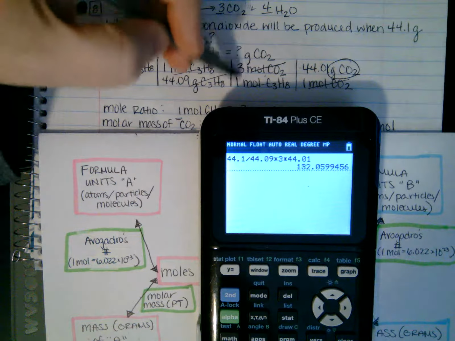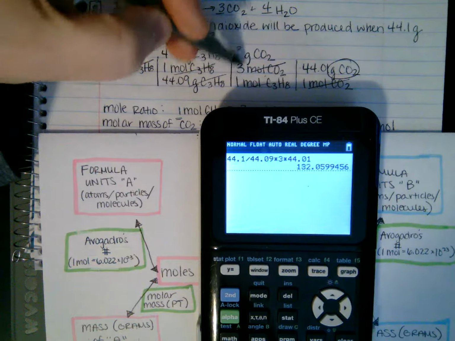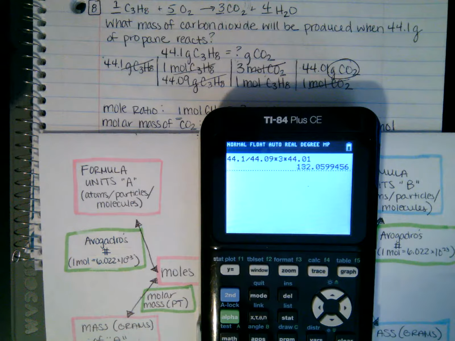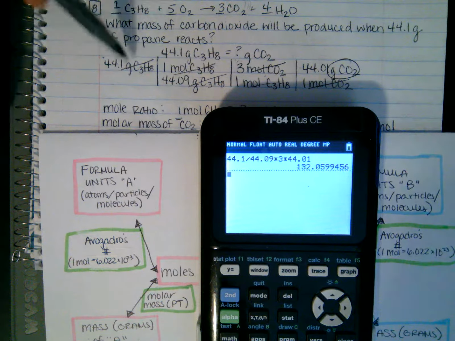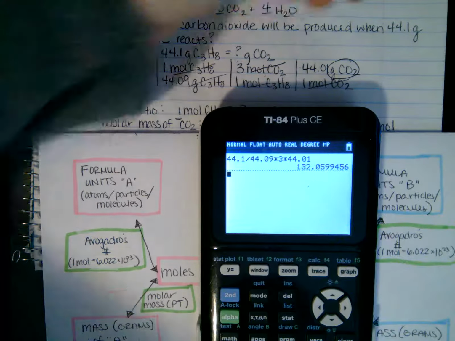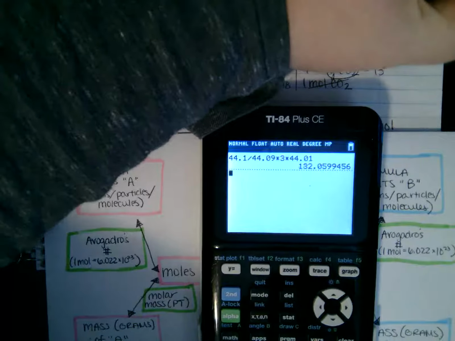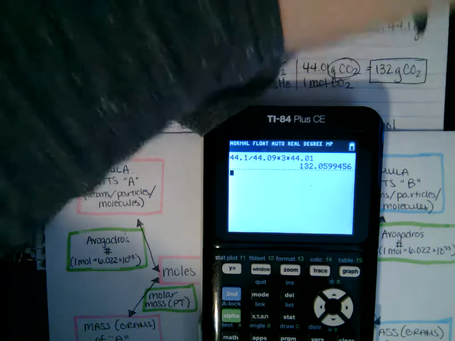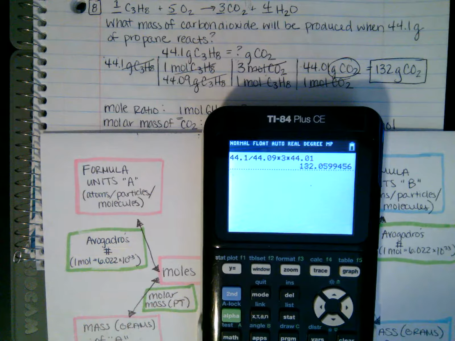This is an exact relationship, not sig figs. It has infinite sig figs. So we want to round our answer to 3 significant figures. Final answer, 132 grams of carbon dioxide.